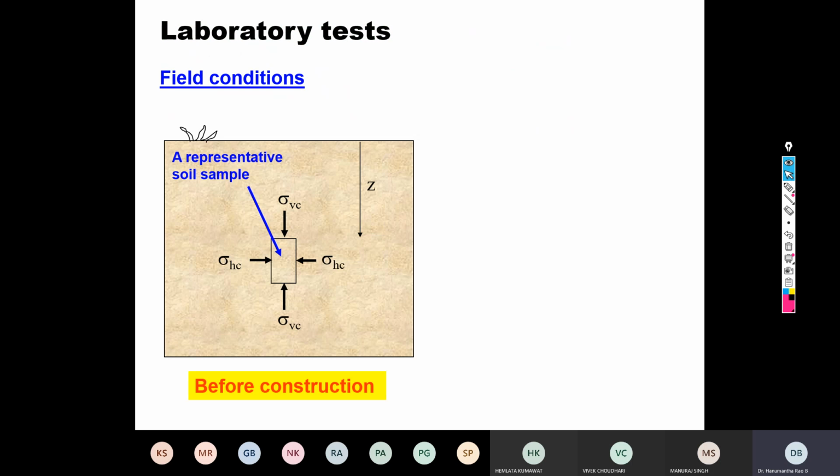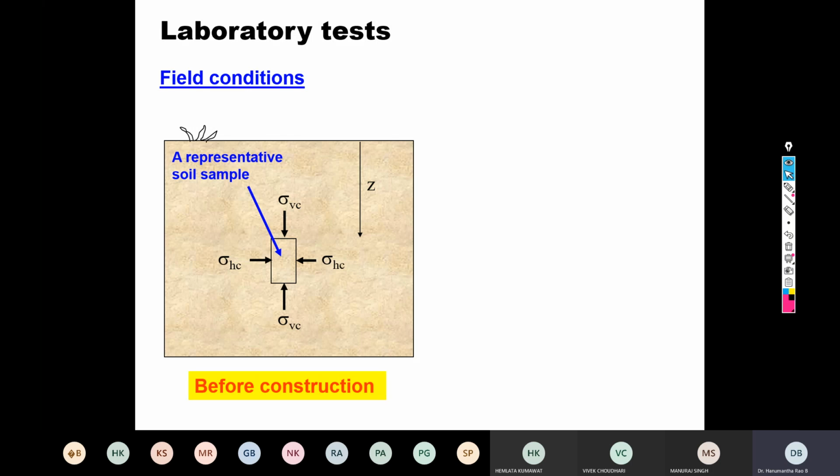Let us now try to understand the relevance between the field condition and the laboratory condition, and how we are mimicking the field condition in the laboratory. Suppose you take any natural ground surface, and take out a soil sample, normally called a finite soil sample, at a depth of Z. This soil sample is normally subjected to two kinds of forces. One is the vertical overburden pressure, equivalent to gamma times Z. Then the lateral stress or confining pressure, which is sigma h.